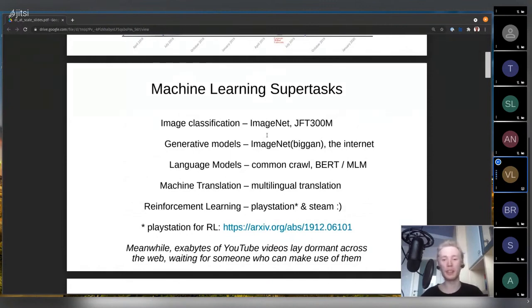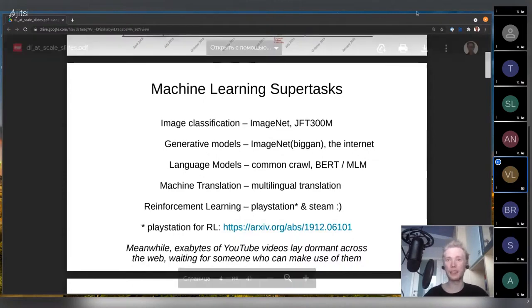They are the kind of tasks that are still underexplored because they require a lot of compute. And in reinforcement learning, these are tasks like playing games from Steam, so not games that we have cherry-picked because they're easy, and playing those games only using the video stream and some convolutional neural network architecture to understand what's going on there.